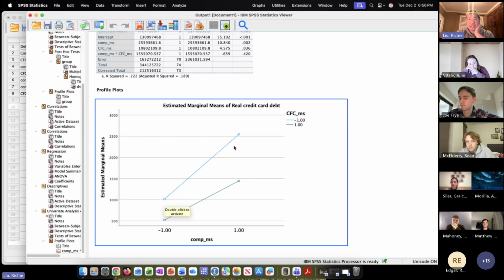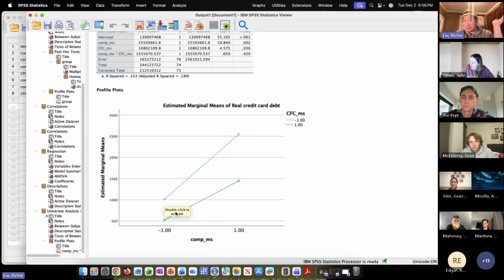And the highest point of debt happens to be people who are higher in compulsive buying tendencies and pretty low in terms of their CFC. So low CFC, high compulsive buying tendencies leads to the most debt. Either way, what we see here is greater debt for those with compulsive buying tendencies, at a higher rate for people with lower CFC.